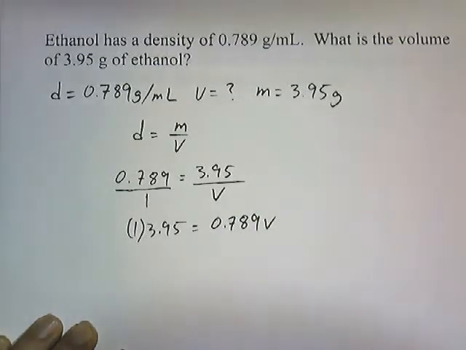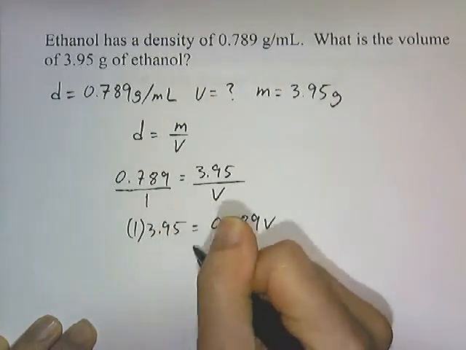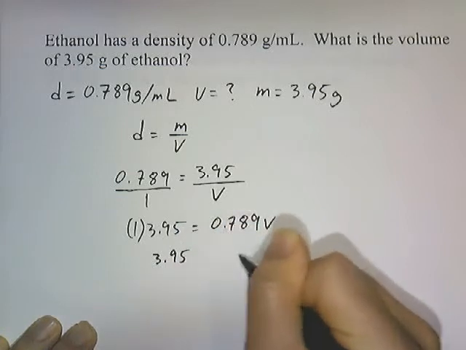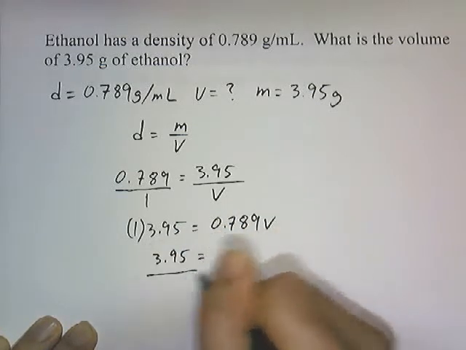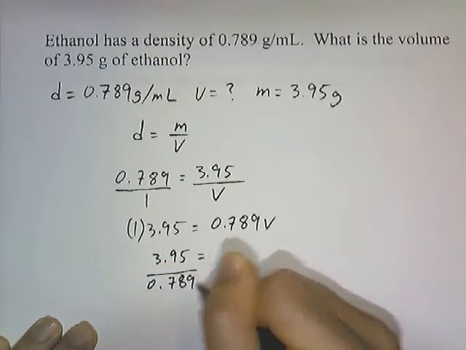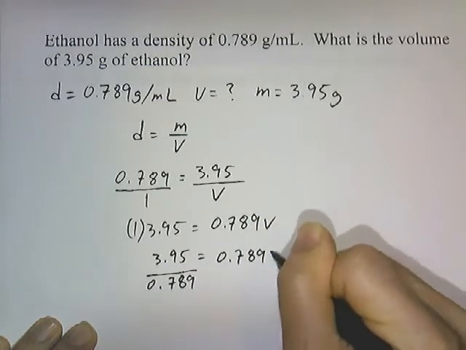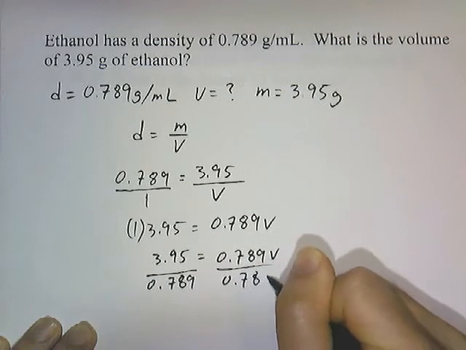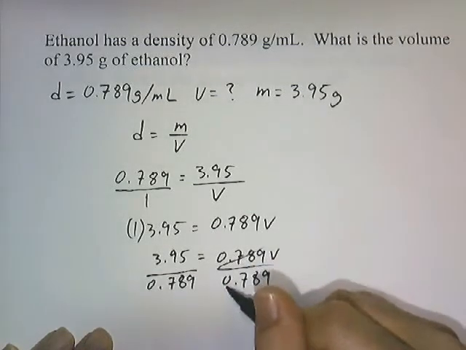All right. So 3.95 times 1 is 3.95. And then what I'm going to do is divide that by 0.789. So 0.789 V divided by 0.789. That cancels.